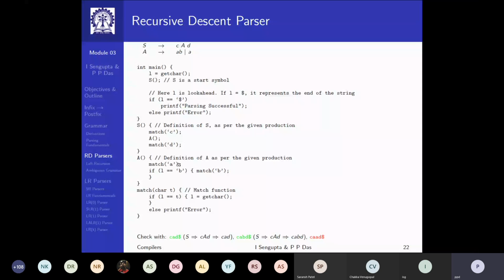So it does not match here, so I go back from A to S. I have actually done this production, A produces a. My L now is the second a, but I need a match with d. But my L is a. So this match d, when I come here, will not match, so I'll get an error.